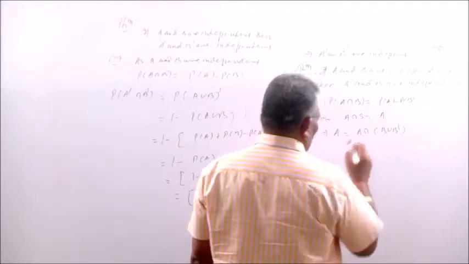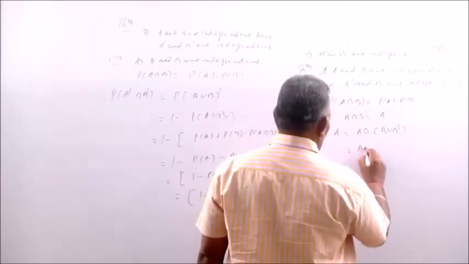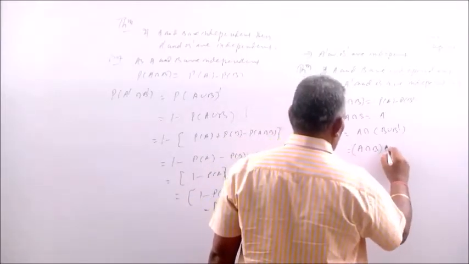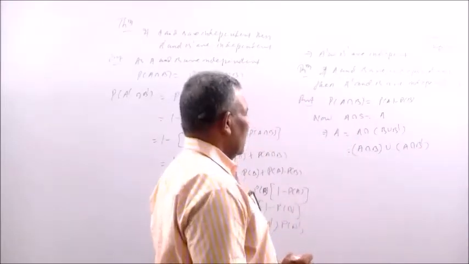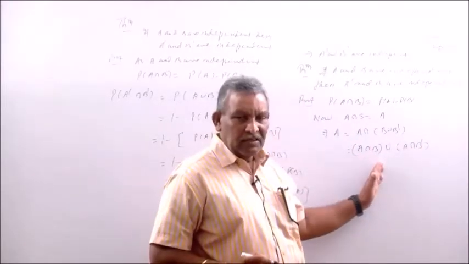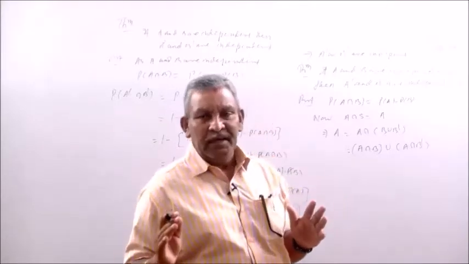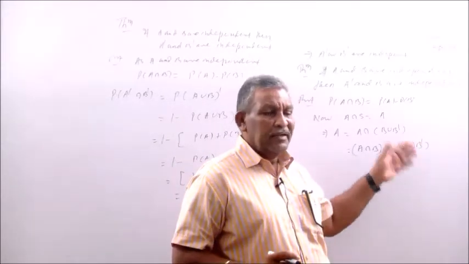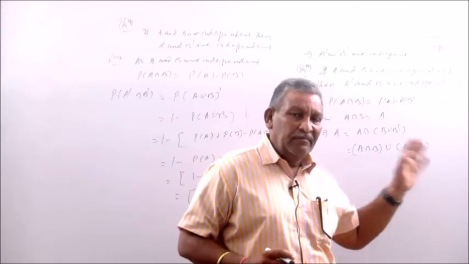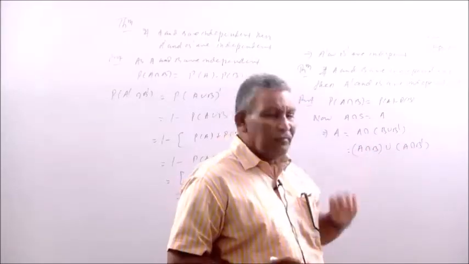That is, by the distributive law, we can write (A intersection B) union (A intersection B dash). For these two events, A intersection B means the elements present in both A and B, and A intersection B dash is the elements present in A and B dash. So these two events have no common element.